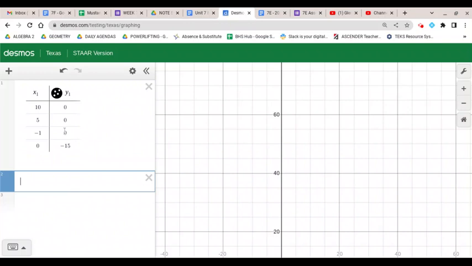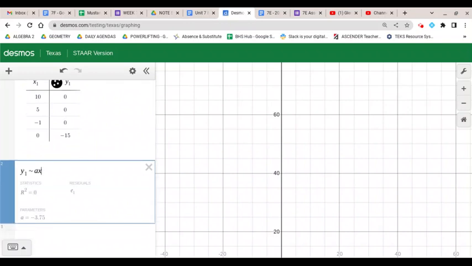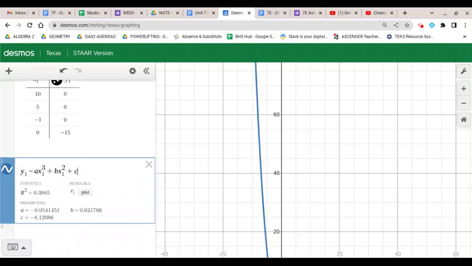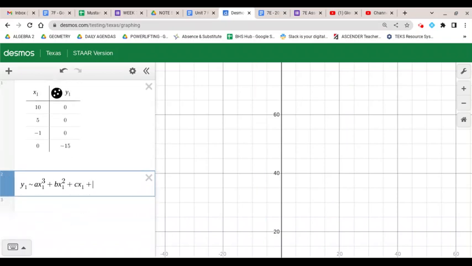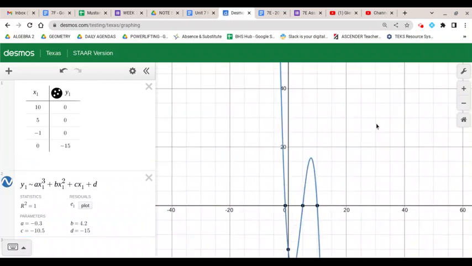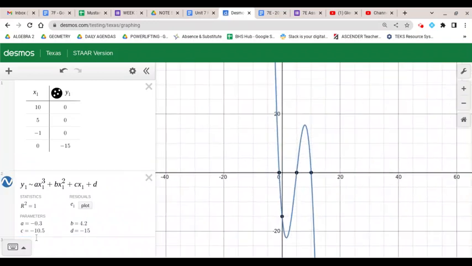We want to do a regression. We have y1 approximately equal to a x1 cubed plus b x1 squared plus c x1 plus d. Our leading coefficient is going to be the a, and we see the a there is negative 0.3, which matches up.